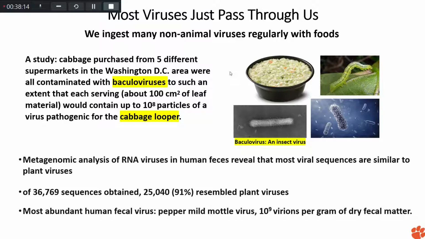You can easily see that 91% resemble plant viruses, from just a single study. And you can see that the most abundant human fecal virus is the pepper mild mottle virus. And you know that it comes from the black pepper. When you're spraying ground black pepper, you're ingesting that in a large amount, and it doesn't do anything.